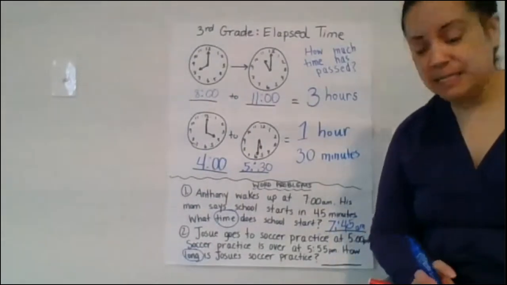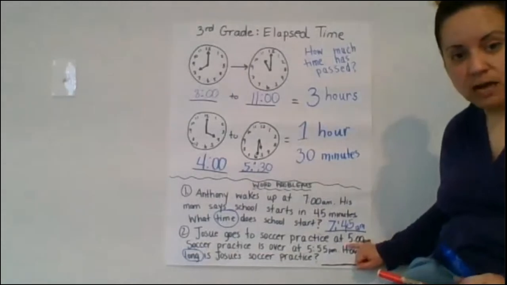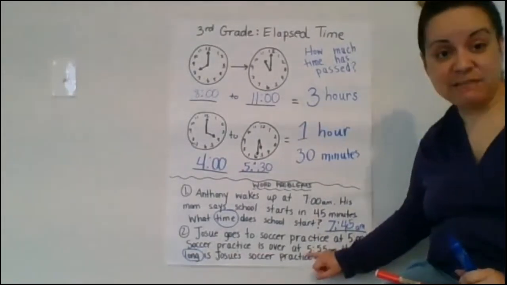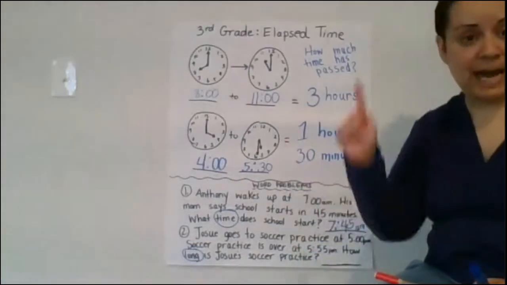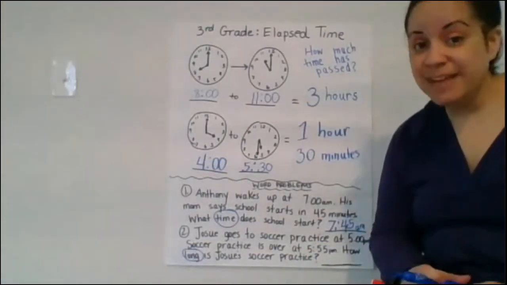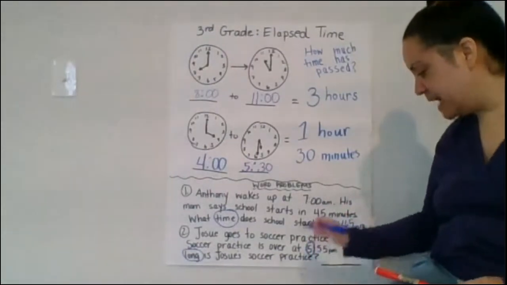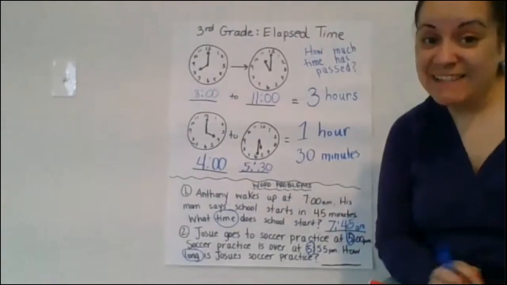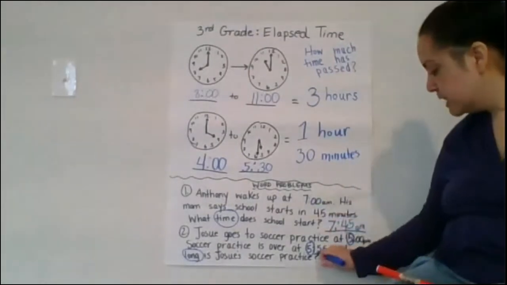How many minutes? Now, if he started at 5 o'clock and he ended at 5:55, then he has not gone over an hour. So we're not going to have any hours because the hour is the same. The hour is 5, it stays the same, so no hours. I am going to look at the minutes.